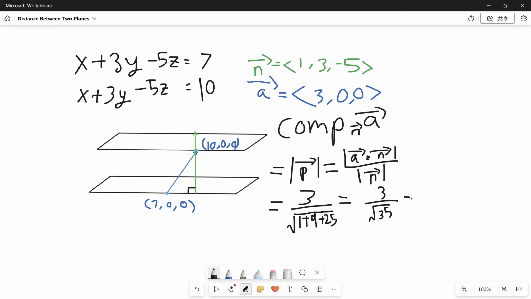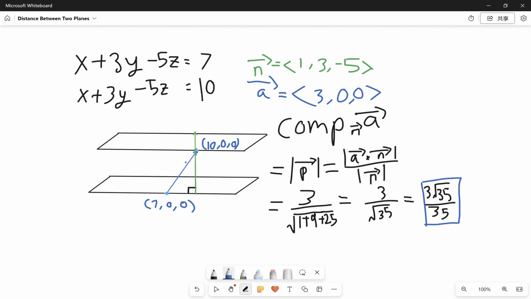That's equal to 3 over root 35. That's 5 times 7, so we can't really evaluate that, but we can simplify this. So we have 3 root 35 over 35. So this is our answer.